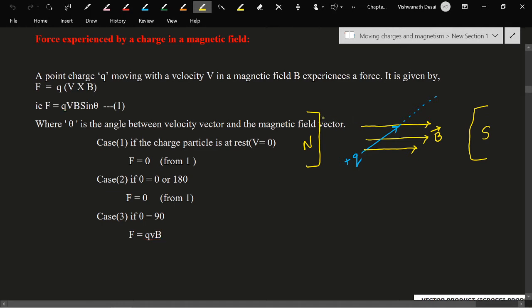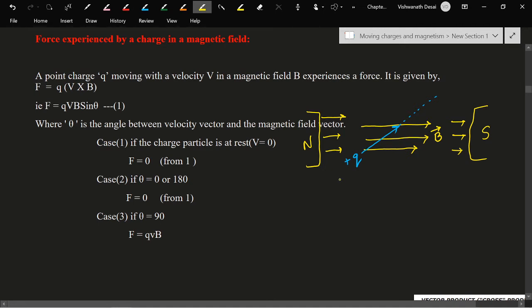Magnetic field lines always start from north and terminate at south.